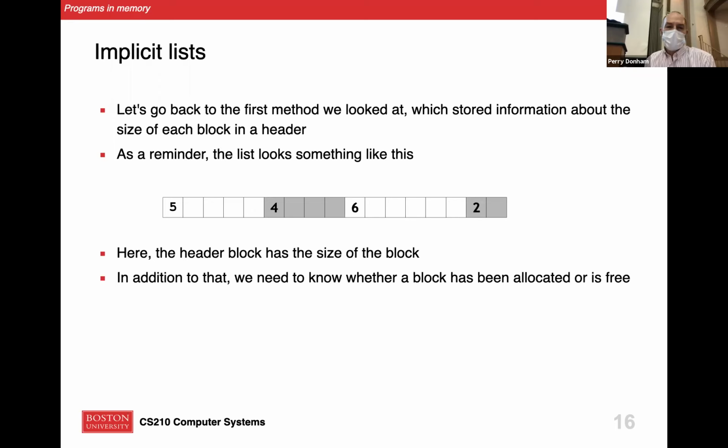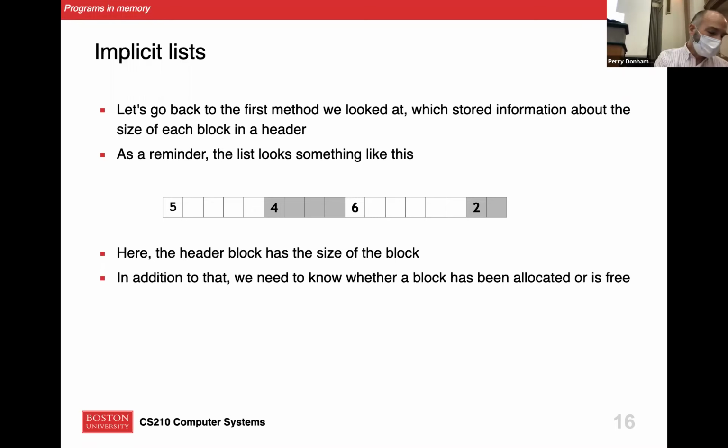Here I asked for an allocation of 3, and I got 3 back, but there was an extra header block included, so that whole chunk is 4 blocks wide. That first block is the header. It tells me how big the entire allocation was, and I can use that to move forward.